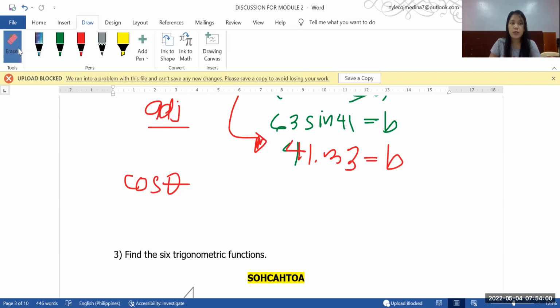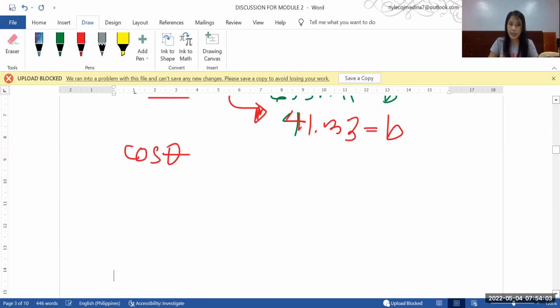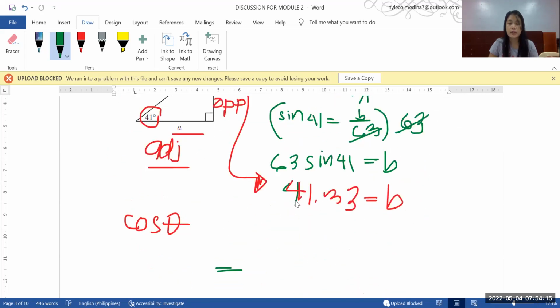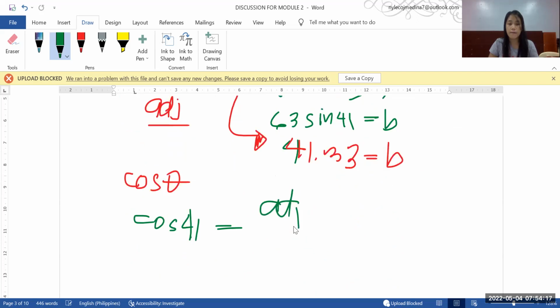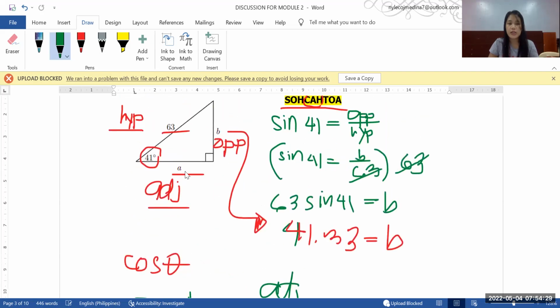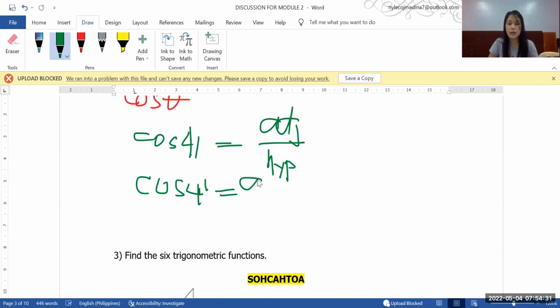So if you're going to find the value of A, gagamitin natin si C or cosine. So cosine 41 is equal to adjacent over hypotenuse. So your cosine 41 is equal to, ang adjacent natin ay si A, ang hypotenuse natin ay 63.